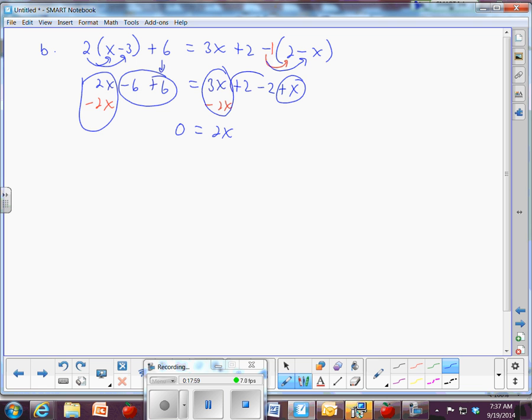And again, we have 0. So in this problem, we have 0 equals 2x. Hopefully you already know that the answer is going to be 0 because 0 divided by anything is 0, and we end up with x equals 0. And so we end up with x equals 0, and that is the solution to this equation.